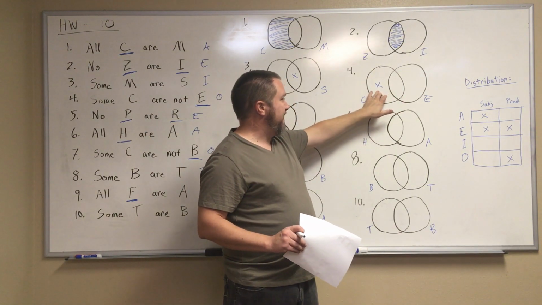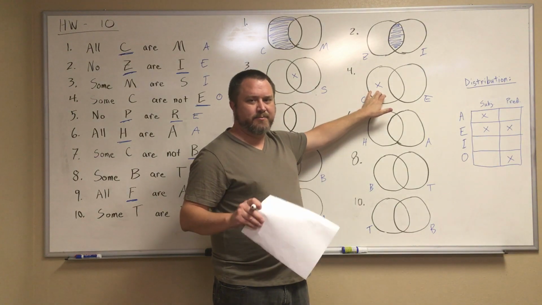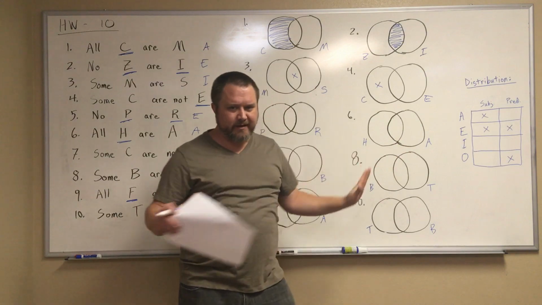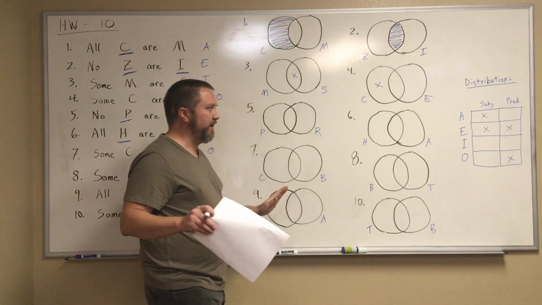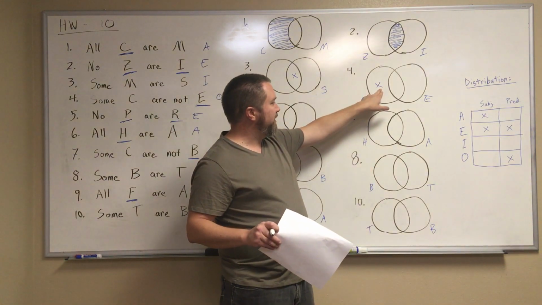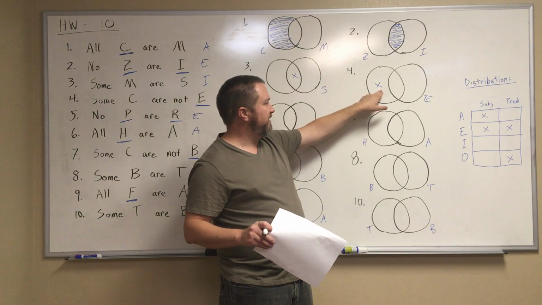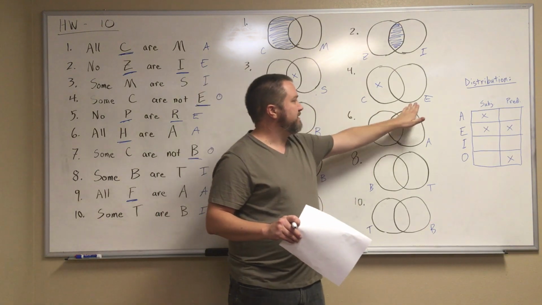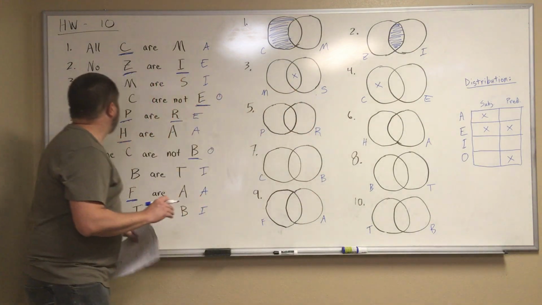And we're using an X to represent at least one member. So we can't do any shading because we're not eliminating the possibility of anything. All the information the statement has given us is there's at least one member of the C category that's not a member of the E category.